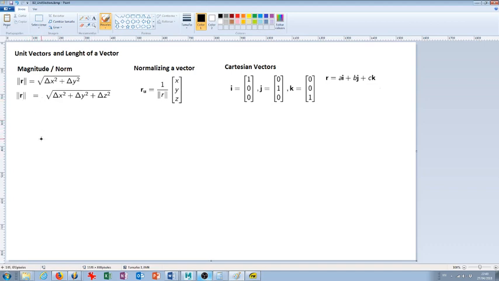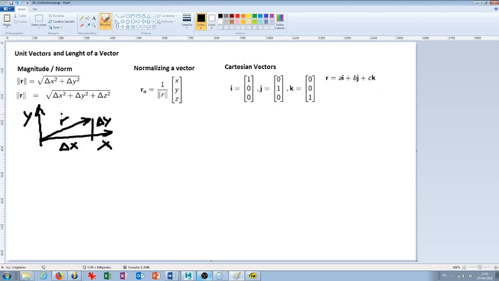Because if I have a vector R here in the Y and X coordinate, so if this is delta Y and this is delta X, this bit here, this formula comes from applying Pythagoras, realizing that this is a right-angle triangle, right?